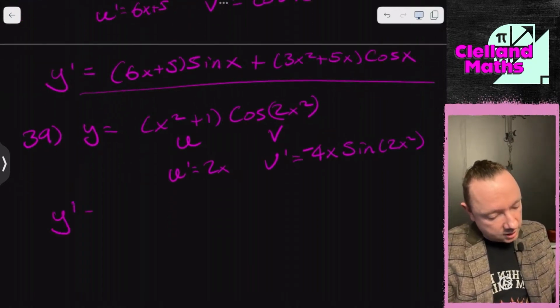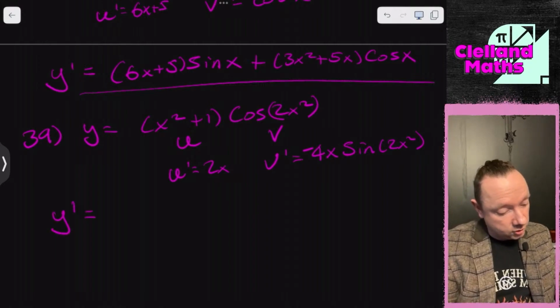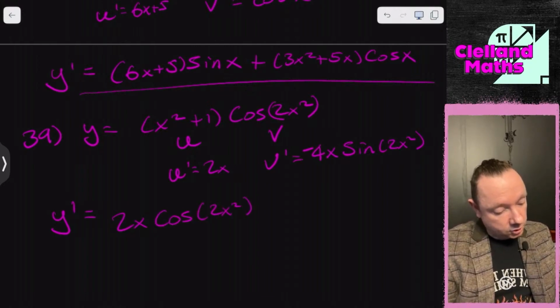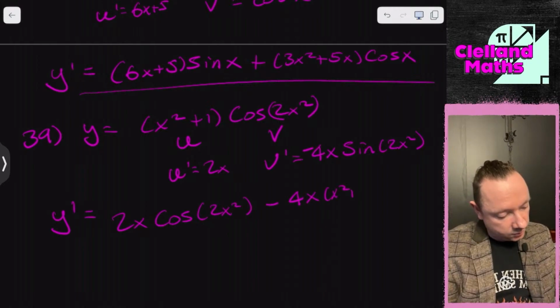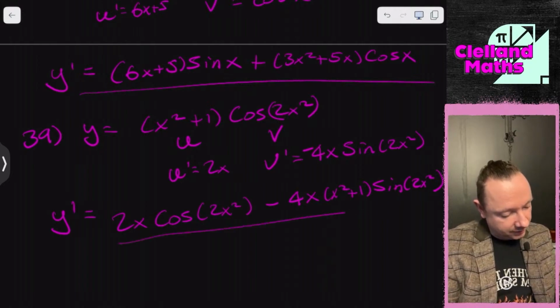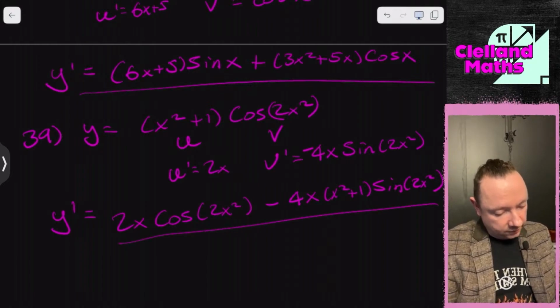So y dash is v times u dash, 2x cos(2x squared), plus u times v dash, so minus 4x (x squared plus 1) sine(2x squared). That looks all right to me, doesn't it? Yeah? Well, I suppose we could take x out as a common factor, but it's not really going to make it nicer because you're going to get cos(2x squared) minus 4 with an x outside. Don't really think anyone cares about that. So I'm just going to leave it there.